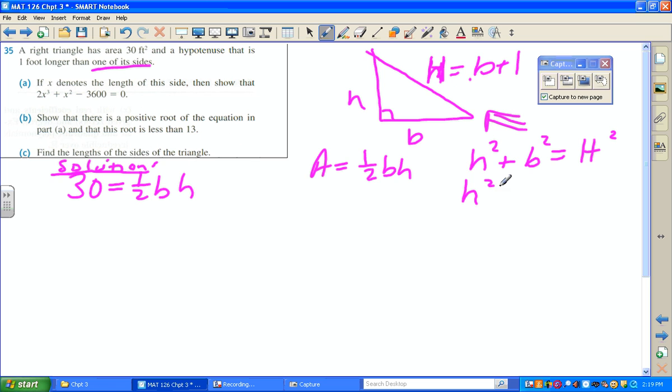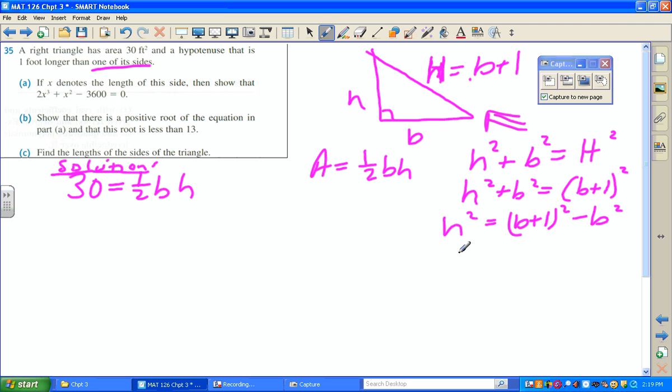In place of that, I can put in B + 1. See, I'm narrowing it down. So far, so good? So H squared equals (B + 1) squared minus B squared.